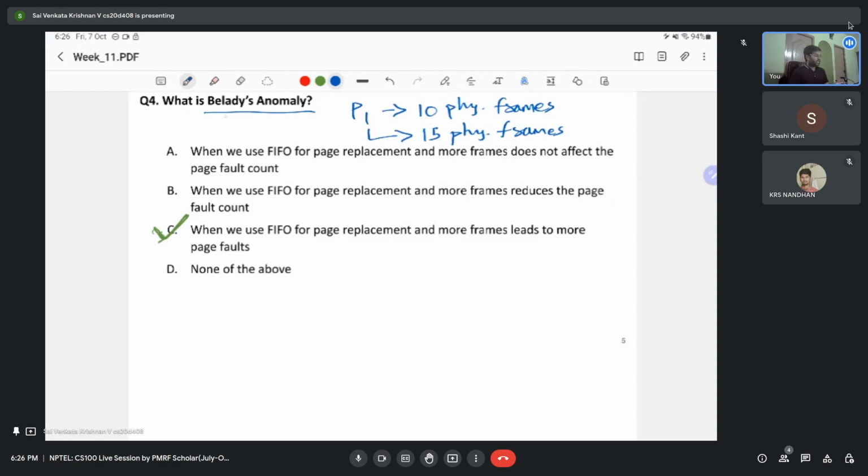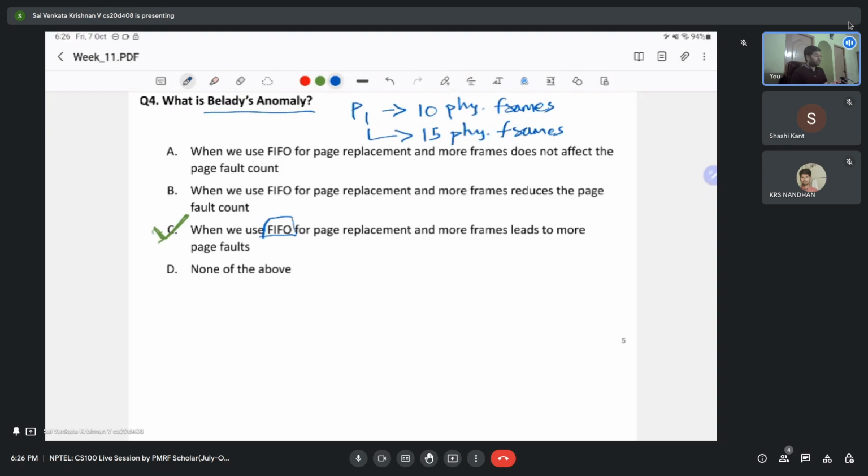But in Belady's anomaly, this assumption is proven wrong, especially in page replacement algorithms like FIFO. In the FIFO algorithm, just blindly increasing the number of frames doesn't reduce the page fault rate. Instead, it increases the page fault rate, which is not beneficial to us.